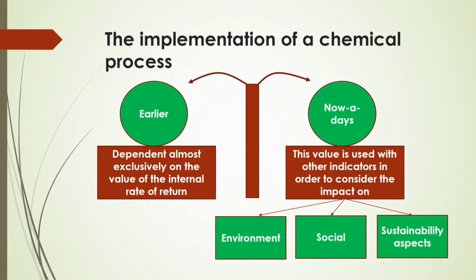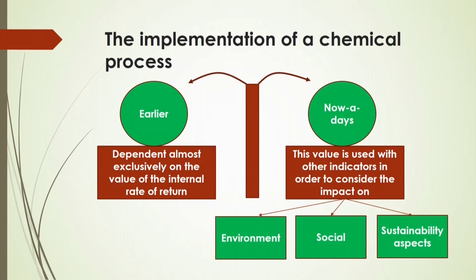In earlier stages, you will see that it depended almost exclusively on the value of the internal rate of return, whereas nowadays this value is used with other indicators in order to consider the impact on environmental, social and sustainability aspects.